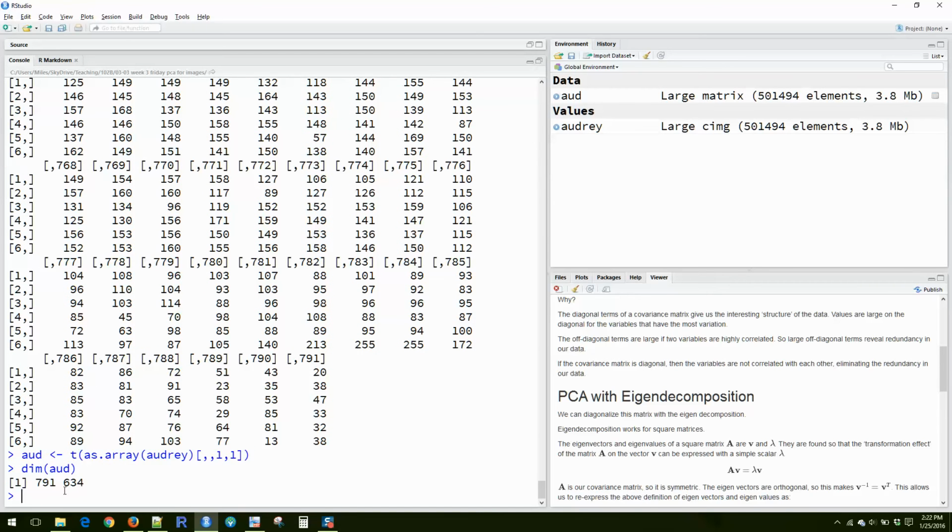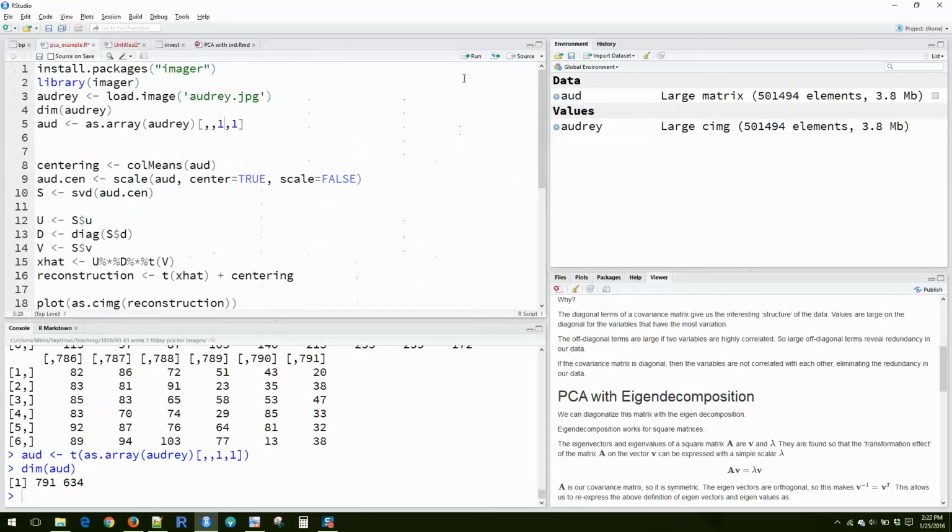So basically we're going to treat this as 634 columns of data and 791 rows. So we have data with 634 dimensions in it, essentially. Yeah, sure. Let me just do a transpose of this, okay?